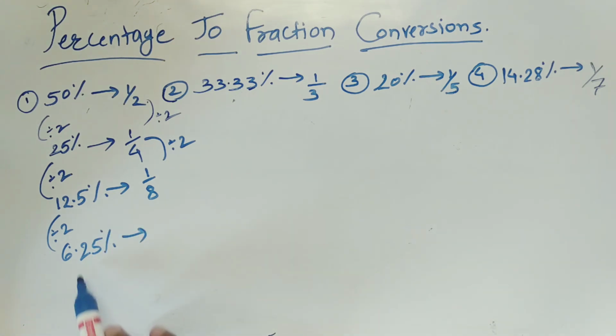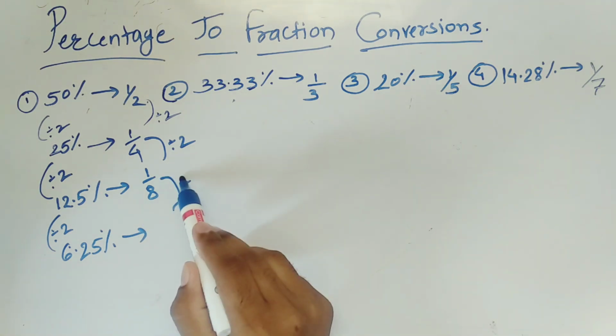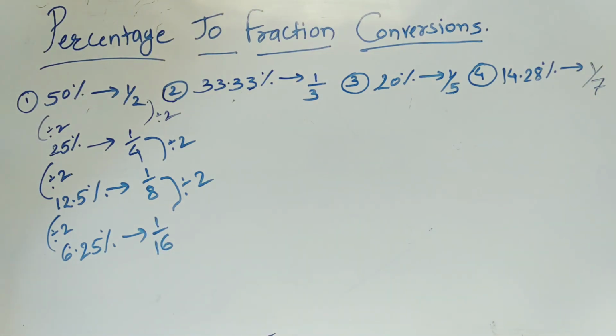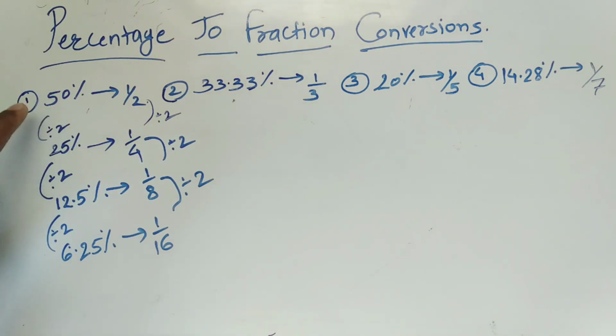So in order to calculate the fraction value of 6.25%, just divide this 1 by 8 by 2. So when it is divided by 2, we get the ratio 1 by 16. So just by remembering this percentage to fraction calculation, we can determine all the other ratios.